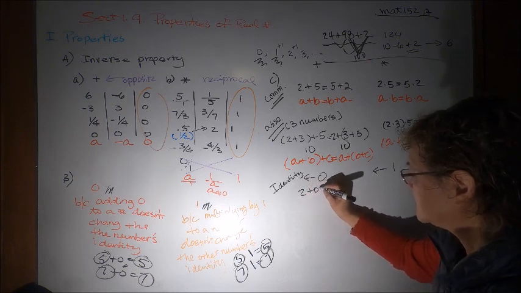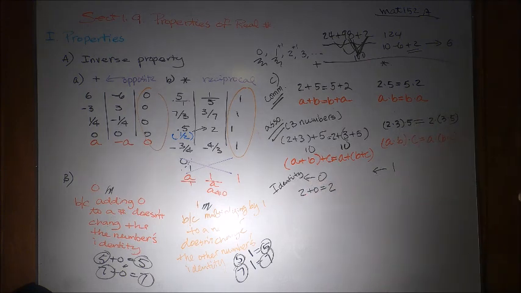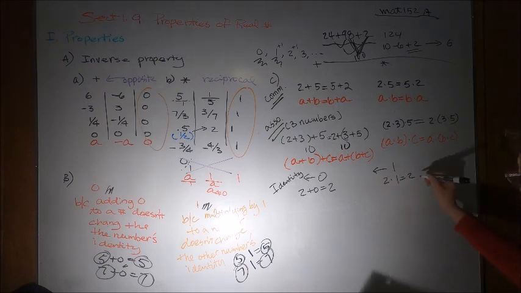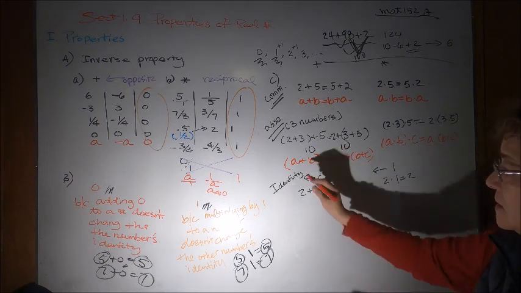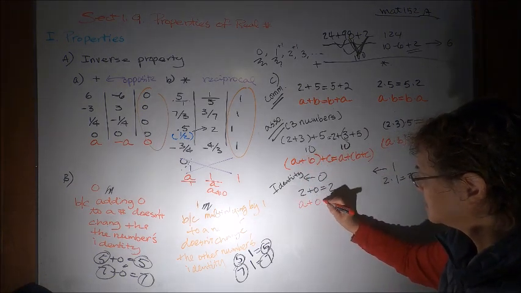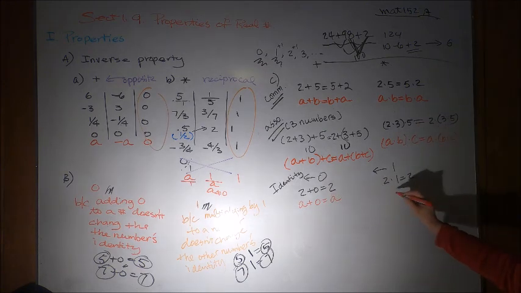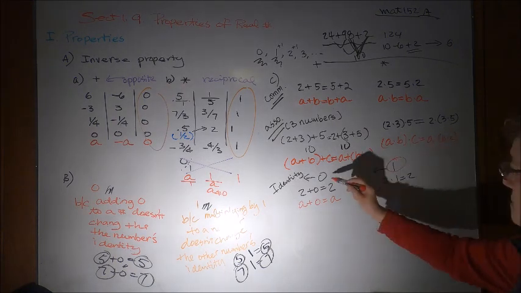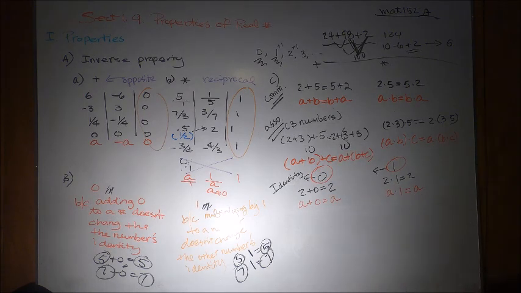It's like 2 plus 0 is 2, right? So 2 times 1 is still 2. And so we write it in algebra style. So it would be what? A plus 0 is A. Or for multiplication, A times 1 is A. So 0 and 1. Very special.